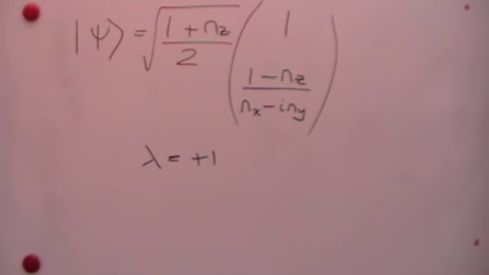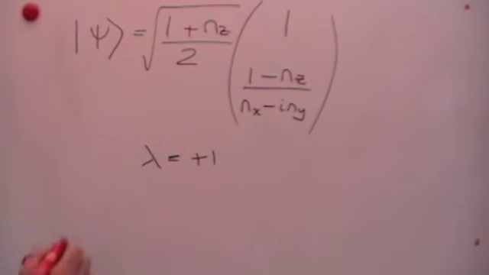But we can just check to ask what would happen if nz equals 1 and nx and ny both equal 0. Because under those circumstances, if nz is 1 and the other two terms are 0, then that of course is simply the eigenvector of the sigma z matrix. And we know what that is.